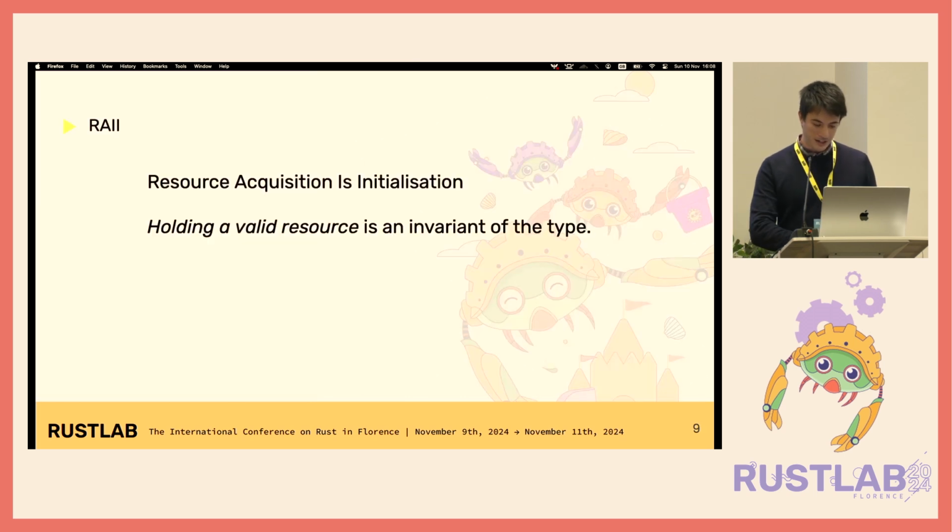I'll start with RAII, which is an idiom that means resource acquisition is initialization. It's a property of a type that essentially says that holding a valid resource is an invariant of that type. In particular, it means that the object is created with valid data, and the memory that supports it is valid and handled properly.